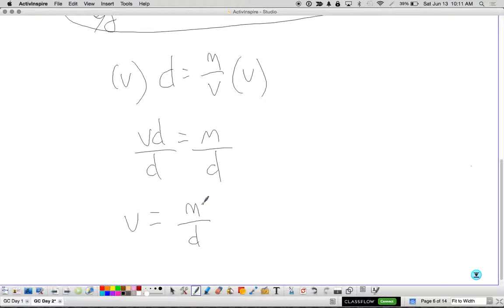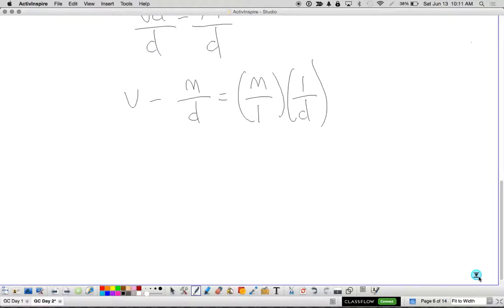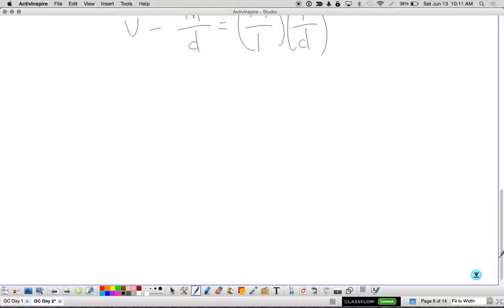In terms of units, this is the same thing as mass over 1 times 1 over density. That'll be helpful to me, and I'm going to use that setup, and you'll see why as we work through this.